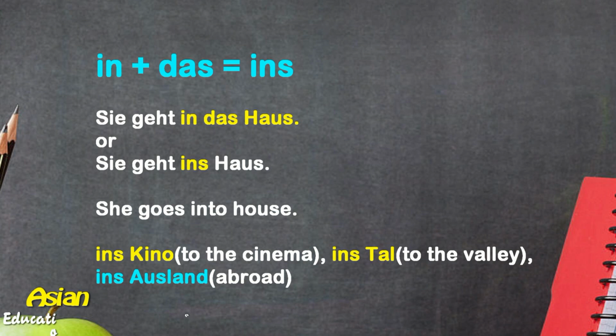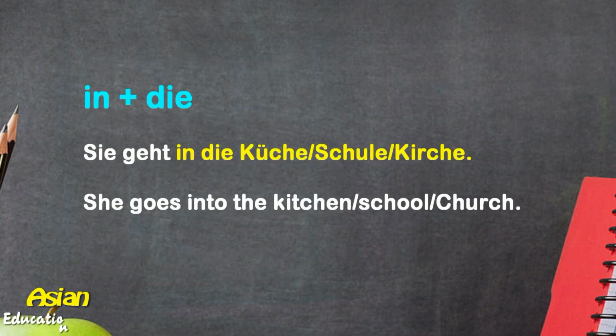Ins Kino, to the cinema, ins Tal, to the valley, and ins Ausland, abroad. Now with a feminine noun: sie geht in die Küche or Schule or Kirche. She goes into the kitchen, school and church. There is also movement and the position is changing.